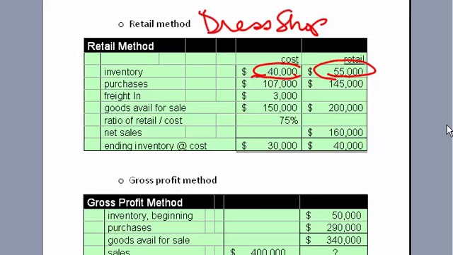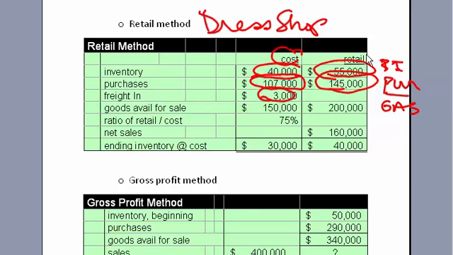Now we know all of our purchases because we can look at the invoices and we know how much we mark up all those dresses. Then we add in our freight and we see that beginning inventory here plus all of our purchases by definition gives us goods available for sale. We have that goods available for sale at our cost of $150,000, and at retail that's $200,000.